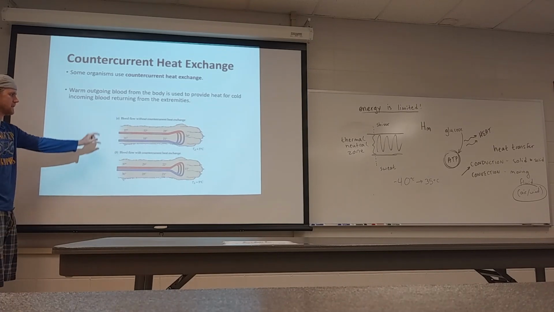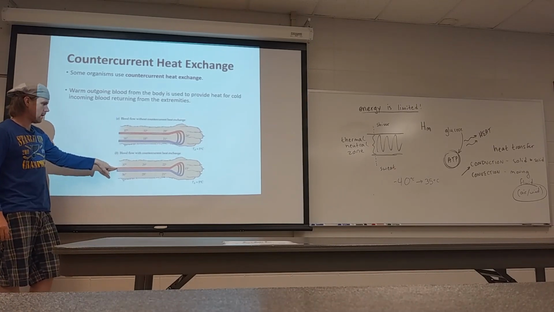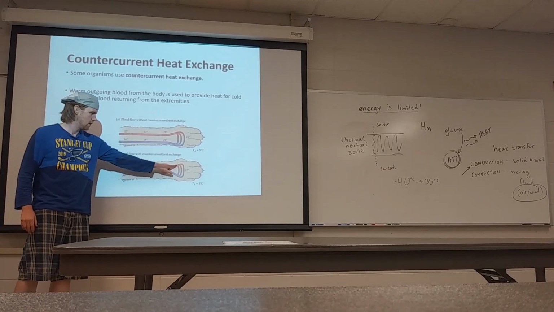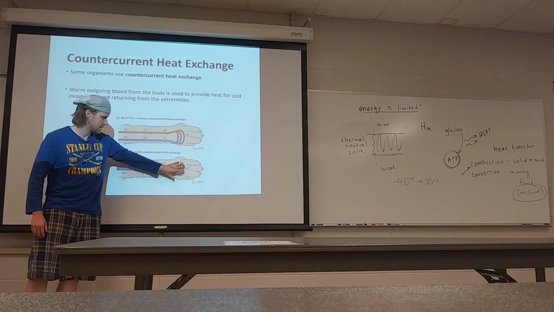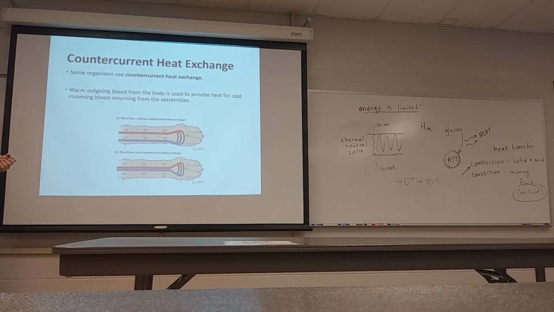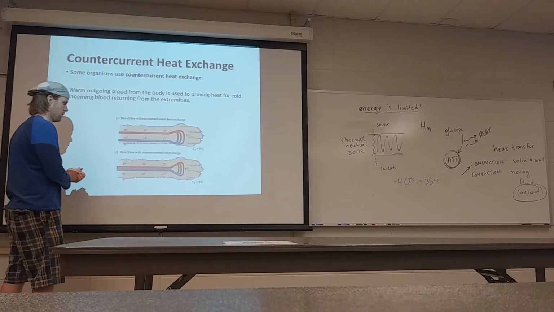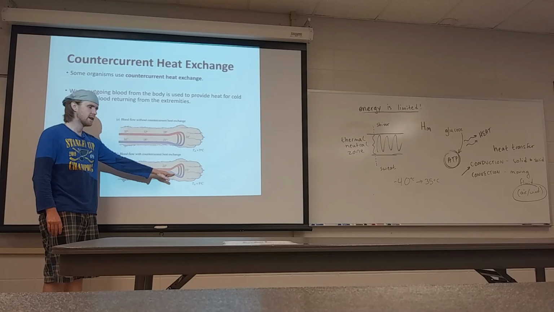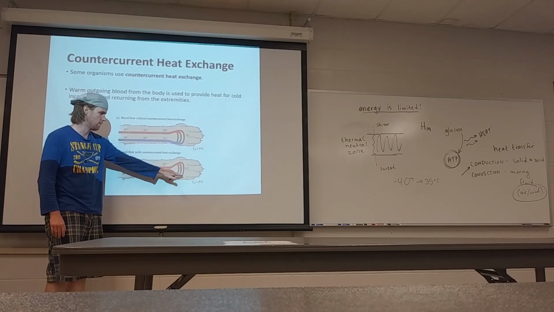So how it works is warm blood going out in the artery, the oxygen within is released through capillaries to the tissues of the foot region. It's cooling down because this is exposed to the cold.